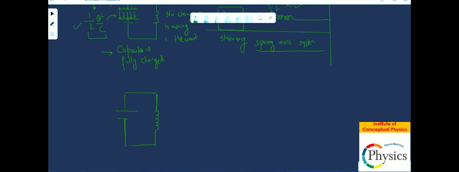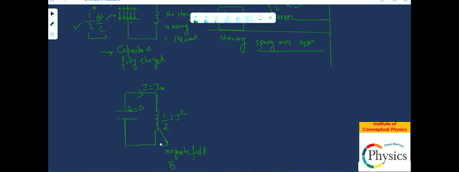This is your capacitor, and now there is maximum current, which means the rate at which the charge is flowing is maximum, and the complete energy is stored in the inductor, right? Energy in an inductor is stored in the form of magnetic field. So the complete energy is stored in the form of magnetic field, which is your B. And the charge on the capacitor at this point is 0.